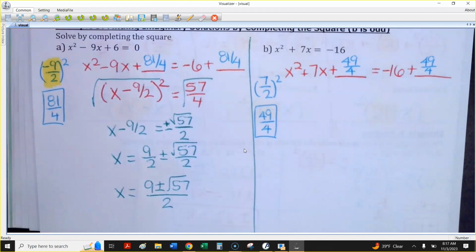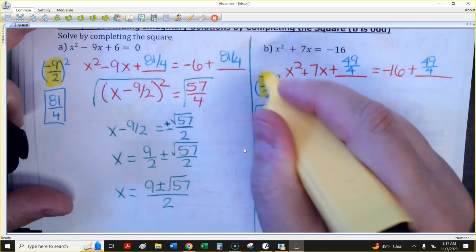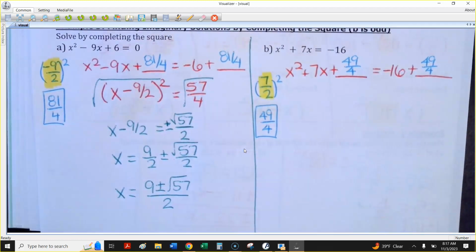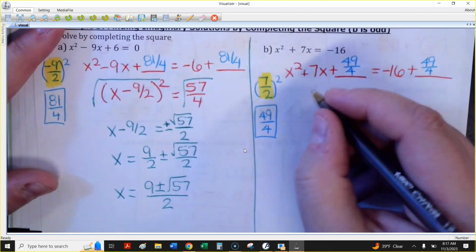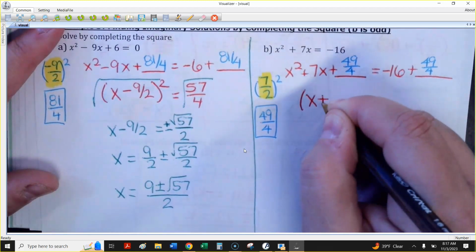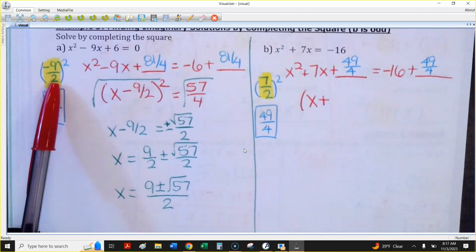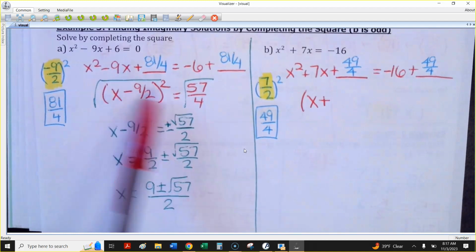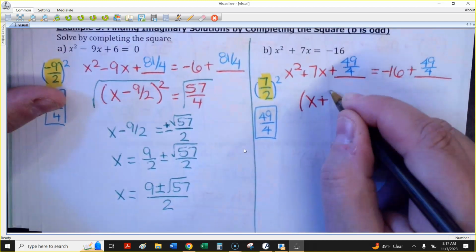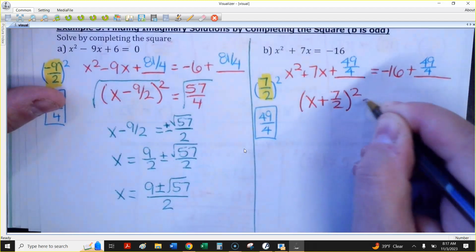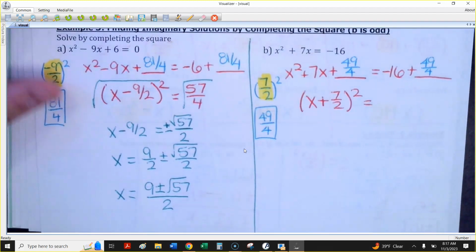I promise you, whatever you square, that's going to go in your factor with the x. So the factored form of this left side is going to be x, it's positive 7 over 2, so I'm going to put a plus. When we just did the last question, it was negative 9 over 2, so I had a minus. So this one's going to be a plus, 7 over 2 squared. Now, the other side, again, I'm just going to grab my calculator real quick.